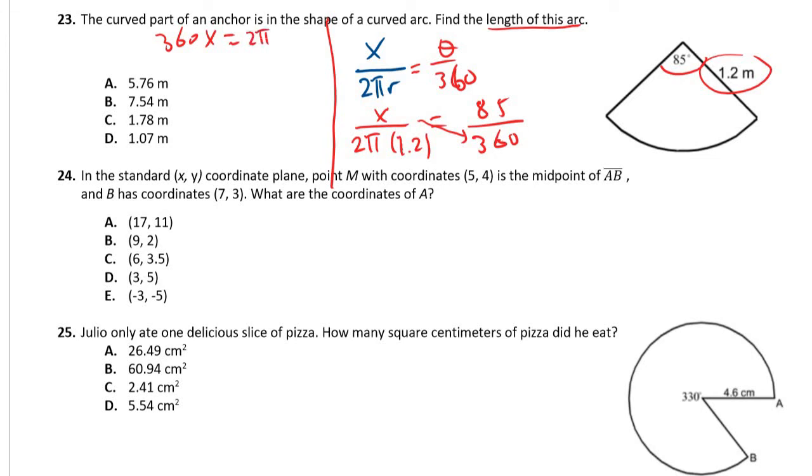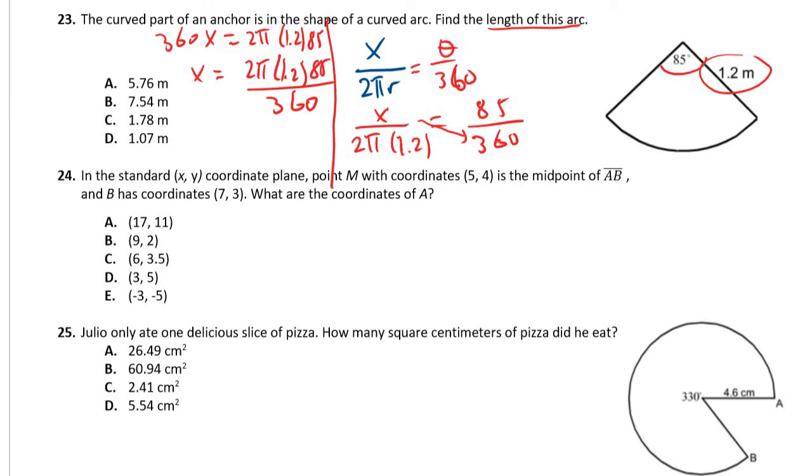So x equals 2 pi times 1.2 times 85 divided by 360. This is where you take your calculator one time.